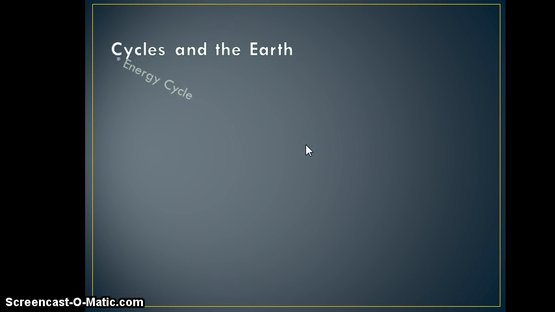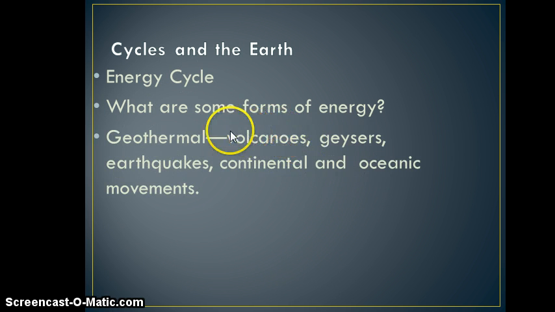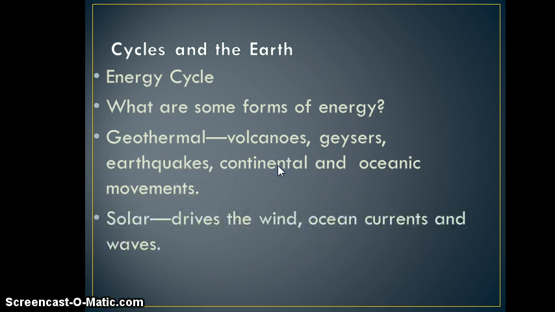The last cycle that we're going to look at here is the energy cycle. And then we're going to look at some different forms of energy, some geothermal energy. On the Earth, we look at geothermal energy as like volcanoes, geysers, earthquakes, the idea of plate tectonics and continental movement and drift. Some other things we can look at is solar energy, things like wind, because the wind that's on the Earth comes from the sun and the different temperatures that we get on the surface of the Earth, ocean currents and waves.